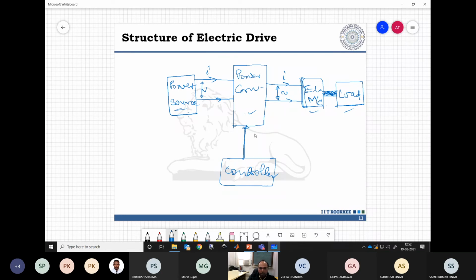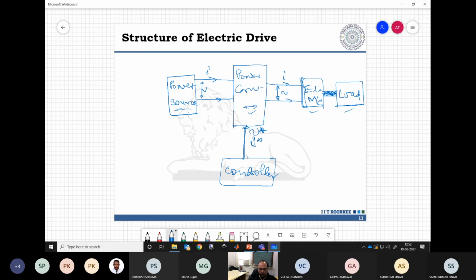So this will basically command the power converter about what voltage reference or what current reference it has to generate, basically dictating the power operation for the complete system.